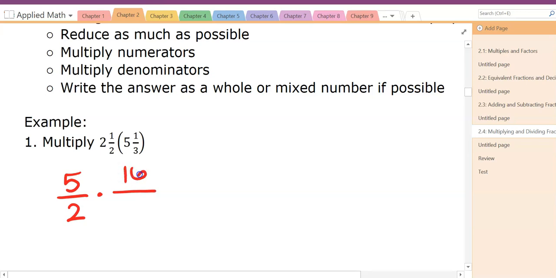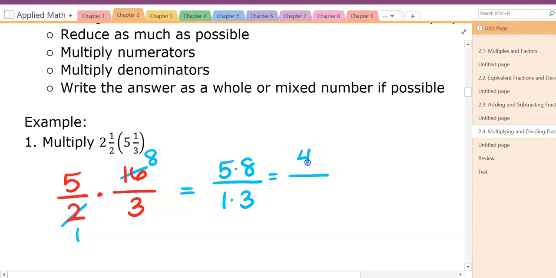Good, 16 over 3. Is there anything that we could reduce before we multiply? So 2 becomes a 1, 16 becomes an 8. So 5 times 8, and then 1 times 3. What would be 5 times 8? So we have 40 over 3.